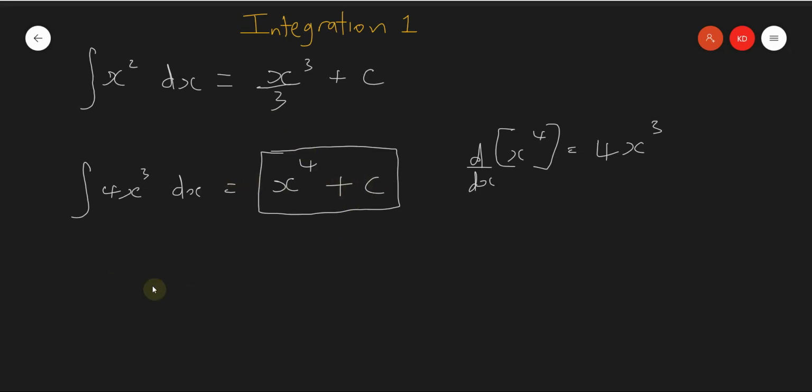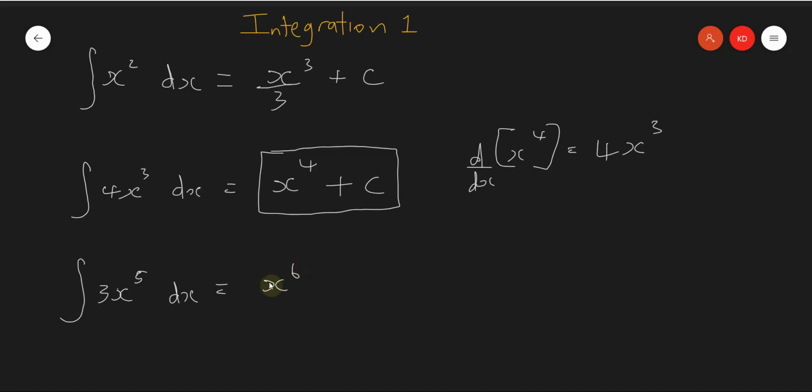Let me just write another example. Let's say we had the integral of 3x to the 5th power dx. Now again we ask ourselves, what power of x do we differentiate in order to get x to the 5th? And that is x to the 6th.